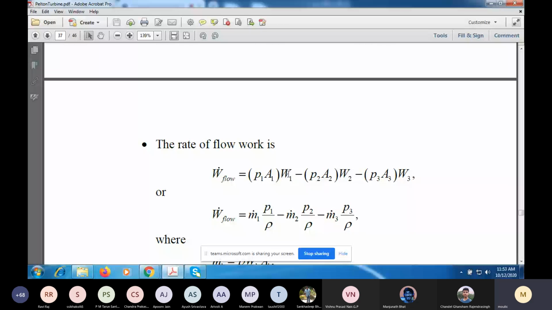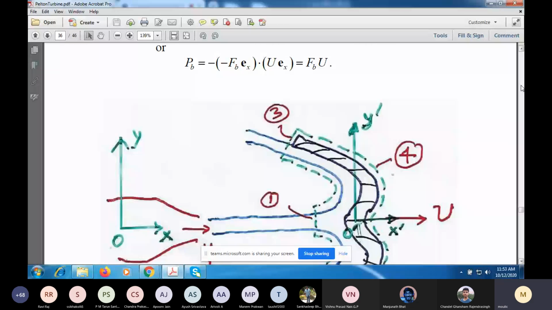Now this is work done by the fluid outside the control volume on the fluid inside. The fluid is being pushed in. Since I've kept this term on the right hand side over here, I put a plus sign over here. Now similarly at sections 2 and 3, the fluid is pushed out. So when the fluid is pushed out, the fluid inside is doing work on the fluid which is outside, so there will be a negative sign.